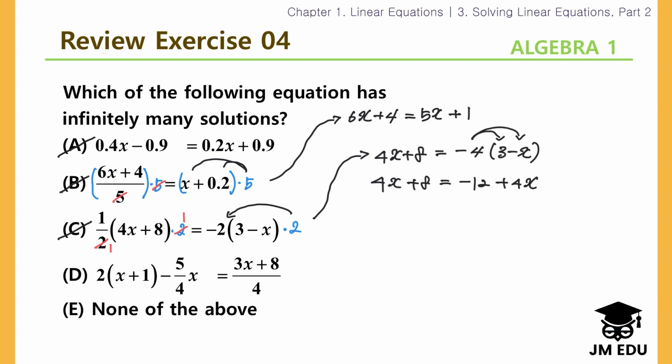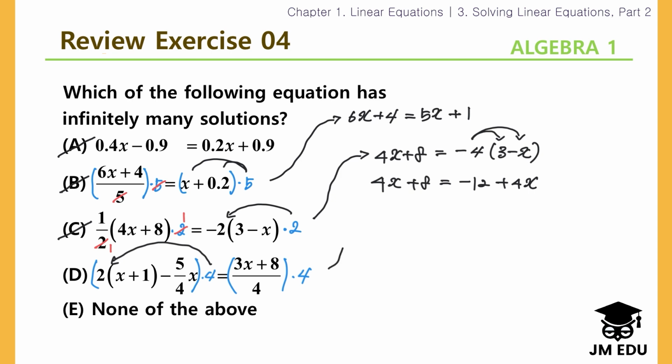Okay, let's try part D. The answer choice D. We have the denominator 4, right? 4 each side. So we're going to multiply all of this expression by 4 and times 4. 4 is the least common multiple in this case, right? So let's simplify this. Here we have a 4 times 2.